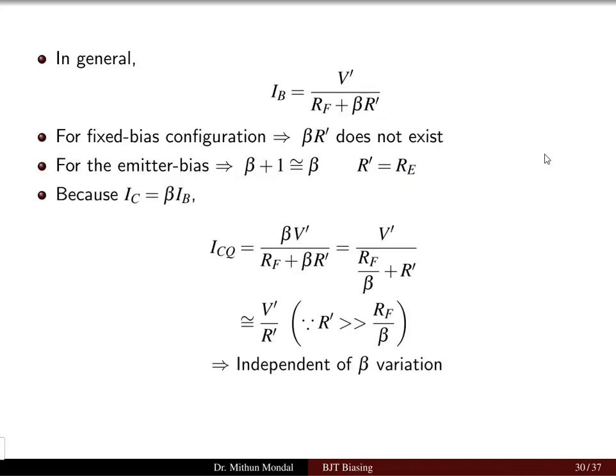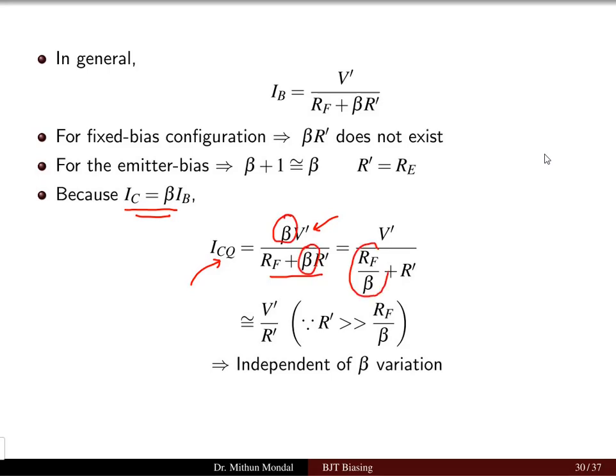In the collector feedback configuration, since the collector current is beta times the base current, the collector saturation current ICQ can be written as beta V' divided by RF plus beta R'. Now if we arrange this in terms of beta, the beta can be cancelled out.